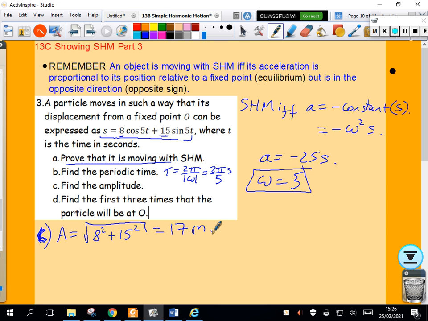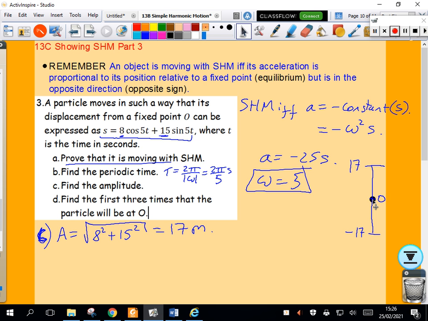So what does that mean? Well, we have an object with an amplitude of 17, which means this is a particle moving between position 17 and negative 17. The center of those positions is called the center of oscillation, and is referred to as having a value of 0 in my position sense.